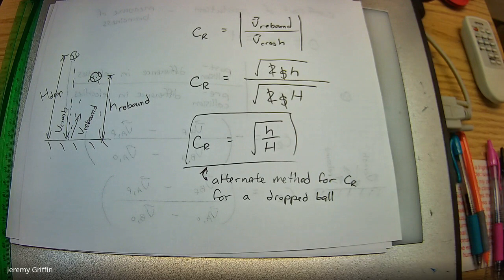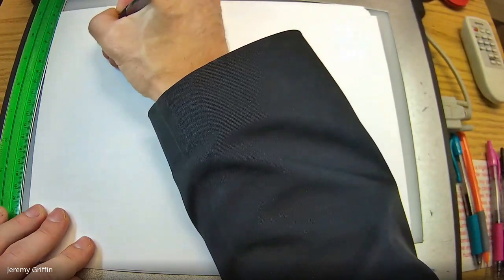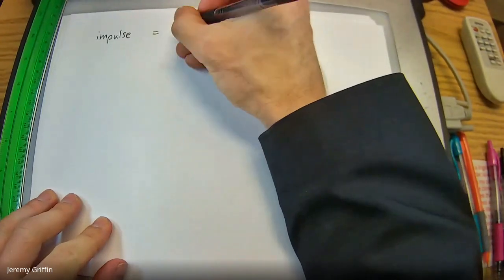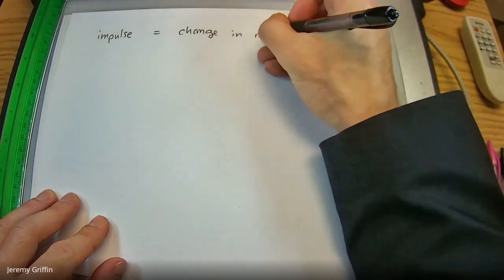All right, so I've got one more topic I need to cover with you guys here, and that is impulse. Impulse is a physics term that just means change in momentum.